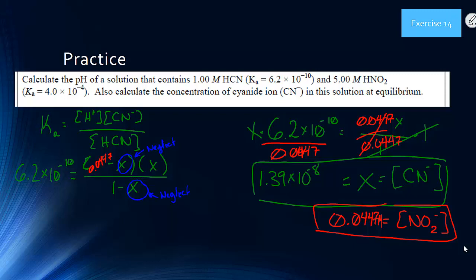And we could determine the concentration of the hydrogen ion, which from our Rice table we said was 0.04 plus our change, which we now know is 1.39 times 10 to the negative 8th, which in all honesty means it's the same value.